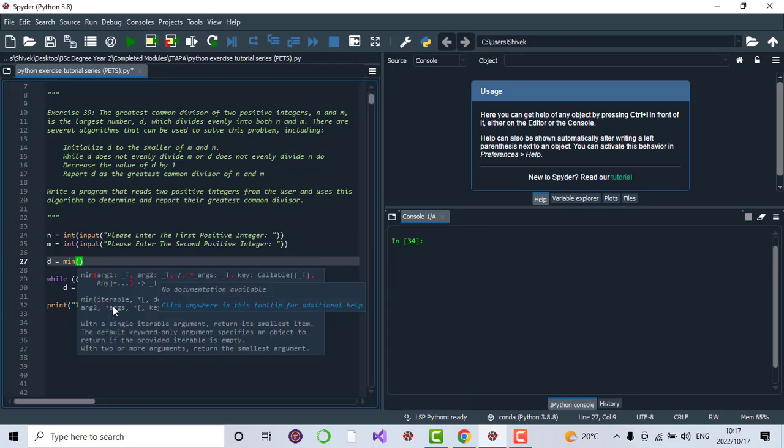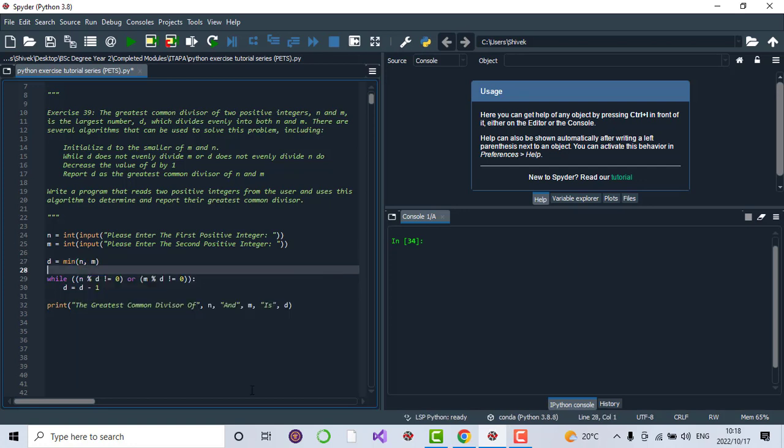This is a little help window that shows up. See, with a single iterable argument, return its smallest item. With two or more arguments, return the smallest argument. That's essentially what we are doing, n and m.